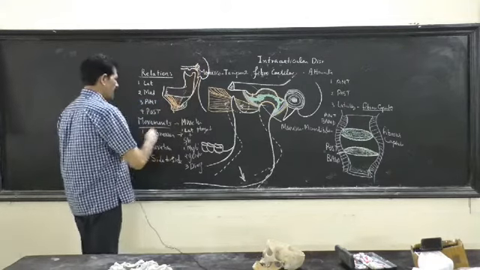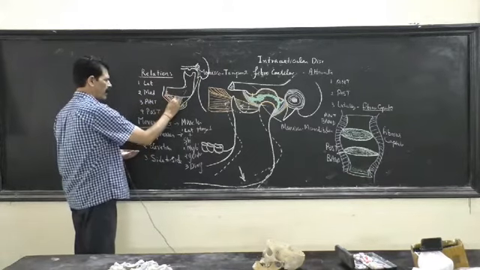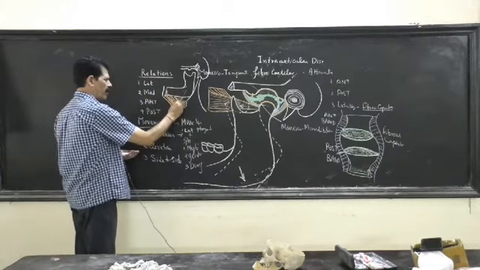So all these muscles, geniohyoid, digastric and mylohyoid, move in the diagonal direction.